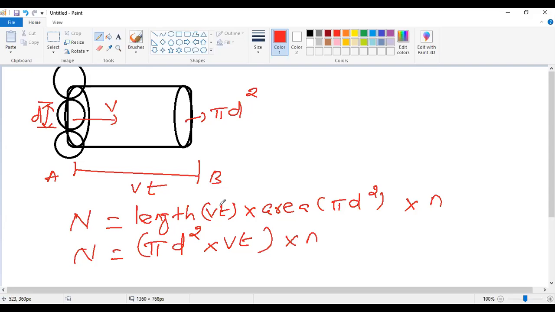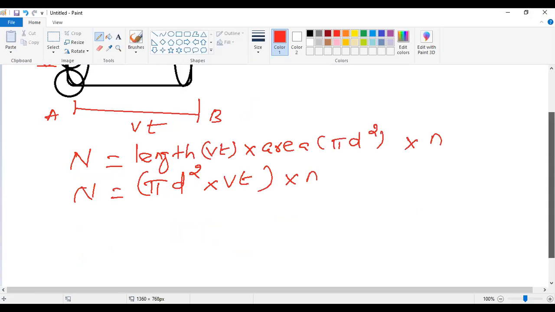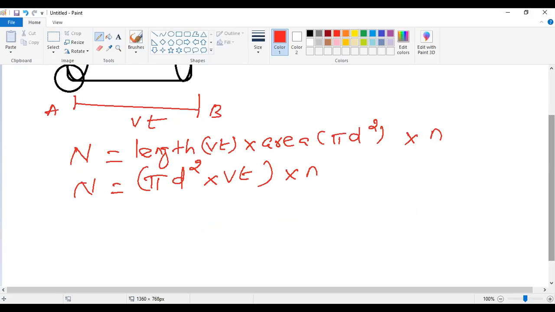Now I am using the mean free path formula, the lambda formula. Lambda bar equals the distance covered by the molecule in time t divided by the number of collisions. Lambda bar equals the total distance, v into t, that is the length, divided by the number of collisions, that is capital N, pi d square vt into n.